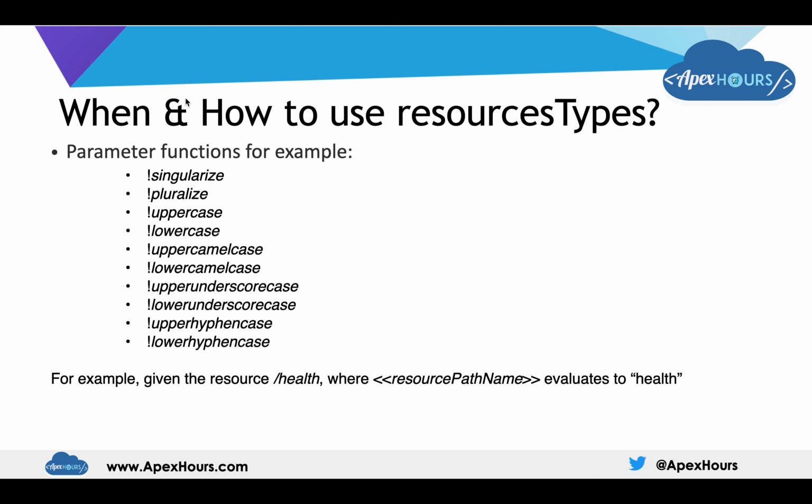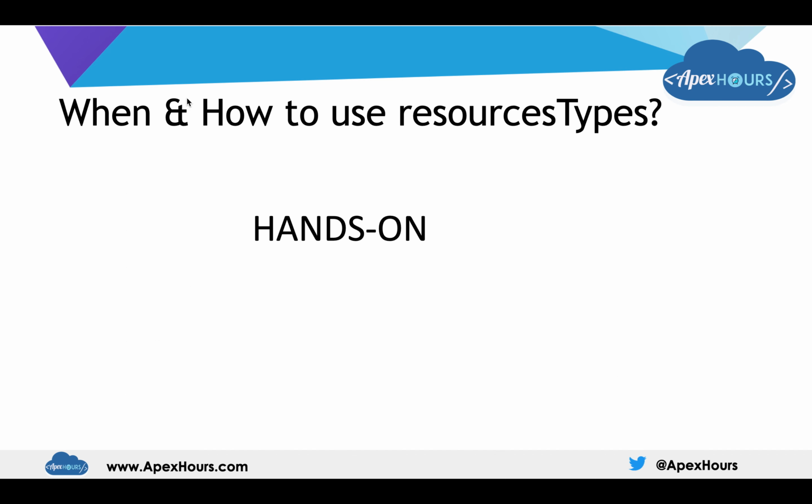Just as we observed in our previous example bbc.com, if you have sports news at /sports, then the resource path name will resolve to only sports. And if you use the resource path name with uppercase, you can see the previous parameter functions. If you use a combination of both, it will convert into HEALTH. What it is used for, you can see in the hands-on part.